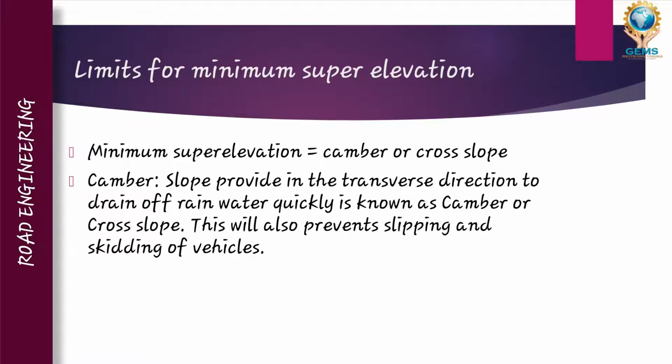Camber is provided for draining the road, but it also provides safety while moving the vehicle, and so camber or cross slope can also be called the minimum super elevation, as we can see here.